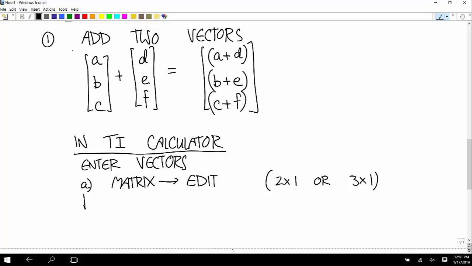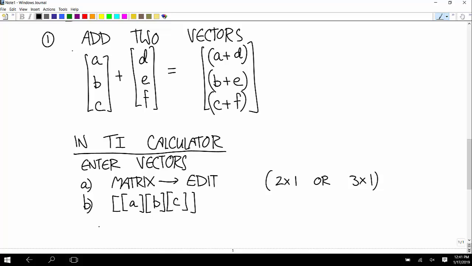You can also enter it on a lot of them with a square bracket to represent a whole matrix, and then square brackets to represent each row of the matrix. So you'd enter it as A, B, C, and that would give you the column vector ABC.